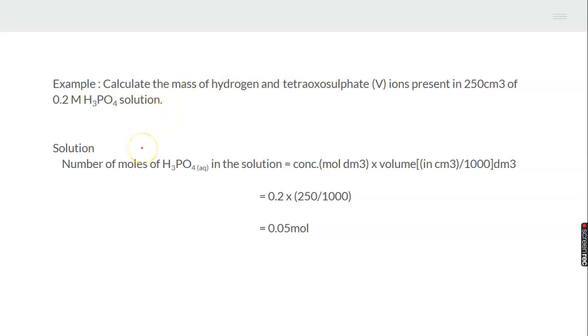So how are you going to do that? These are the ions you are being told to calculate. You have to calculate the mass of hydrogen ion and the mass of phosphate ion.